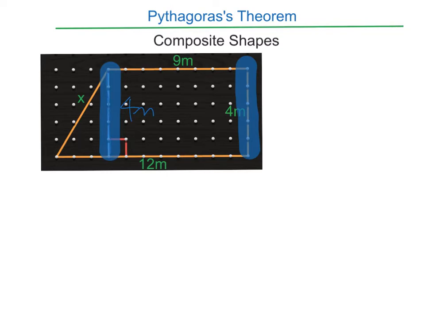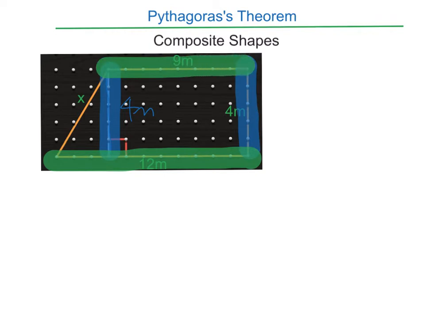Looking at the horizontal sides, I've got 12 all the way along here and 9 all the way along here. If it's 9 from here to here, it's also 9 from here to here. Simple subtraction shows me that side there must be 12 take away 9. So I can write 3 metres here.